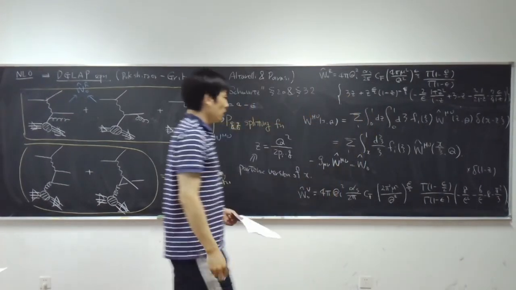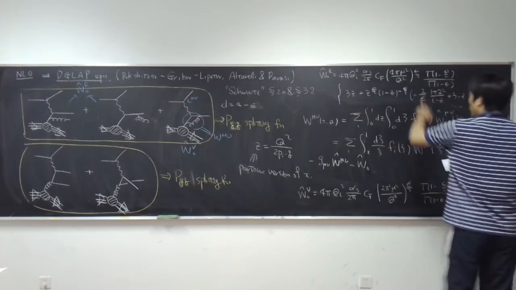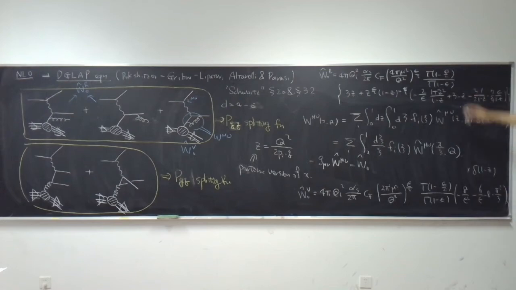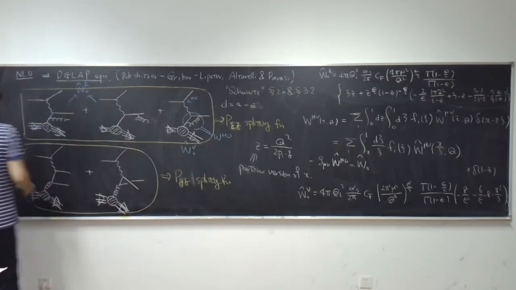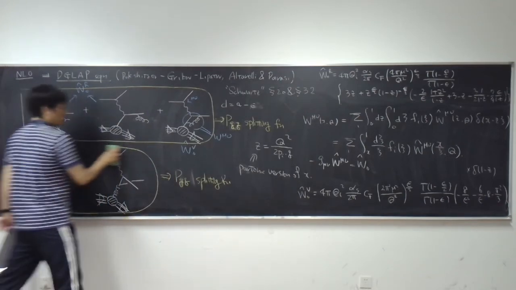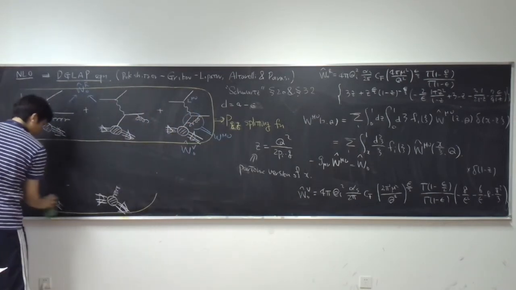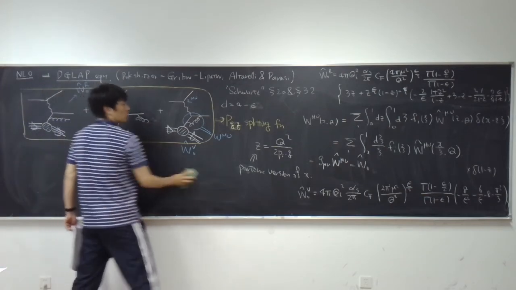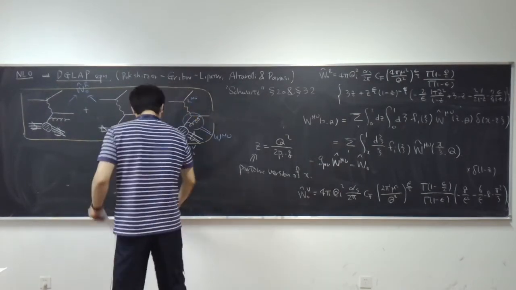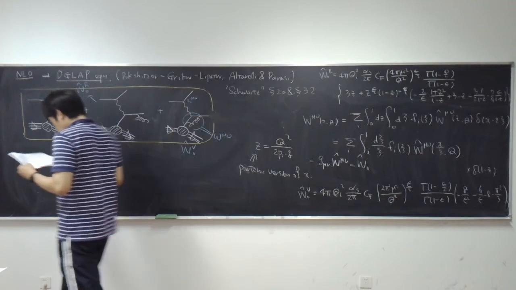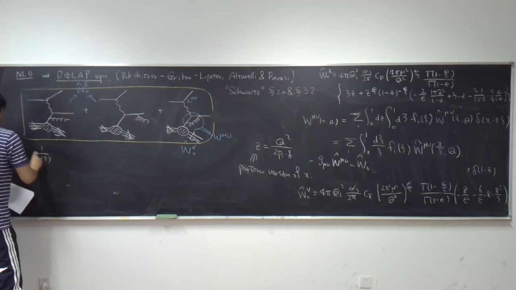And then we would like to see the cancellation of the poles here and there. Here it's one over epsilon squared, and this one here. To see the cancellation, we need to introduce some special notation for a function. I'm going to introduce the following notation: 1 over 1 minus c plus.